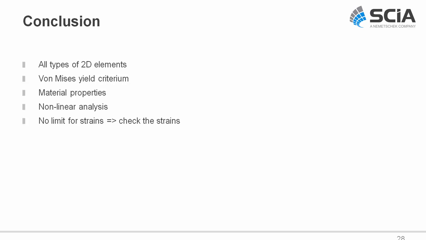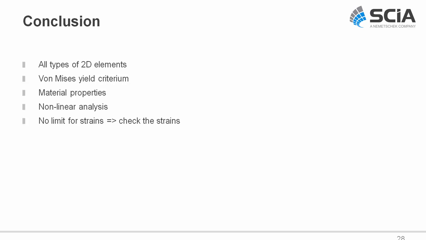You can choose this in the material properties in your material library in SCIA Engineer, and here you can define whether you want to use this von Mises yield criterion with or without any hardening modulus, and what the yield strength of the used material is. Important, of course, is that you need to perform a nonlinear analysis to take this general plasticity into account, and that this can be combined with other nonlinearities in the project, such as support nonlinearities or beam nonlinearities and so on.